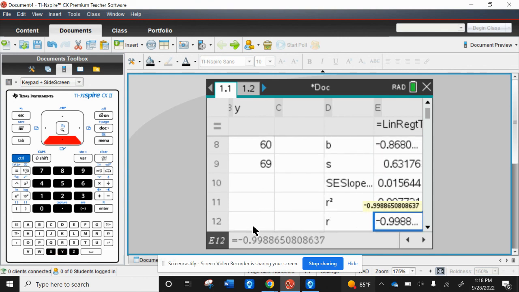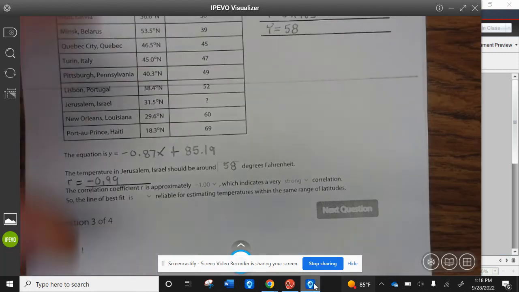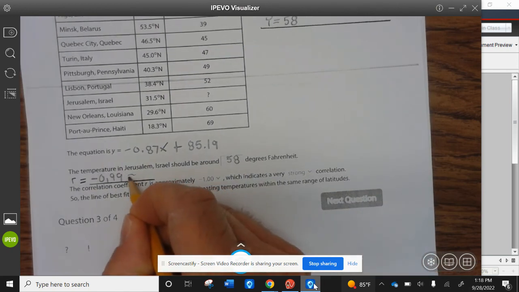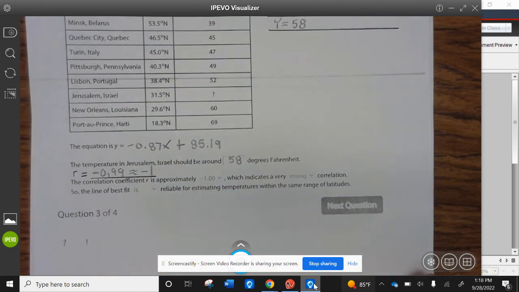So R equals negative 0.99, which rounds to negative 1. So the correlation coefficient R is approximately negative 1, which indicates a very strong correlation. So the line of best fit is reliable for estimating temperature within the same range of latitudes.